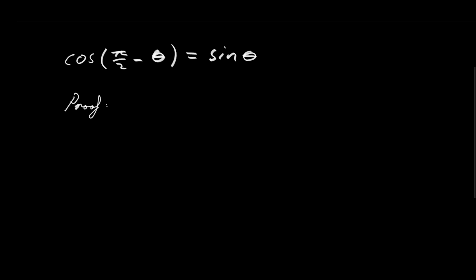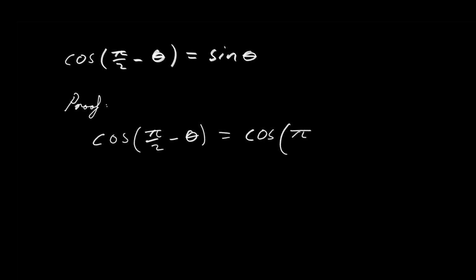In order to do this, we will write the cosine of pi over 2 minus theta equals, we will express this difference of angles as a sum of angles: the cosine of pi over 2 plus some other angle, which happens to be negative theta. Now that we have written the argument of cosine as a sum of angles, we're justified in applying the coangle formula.